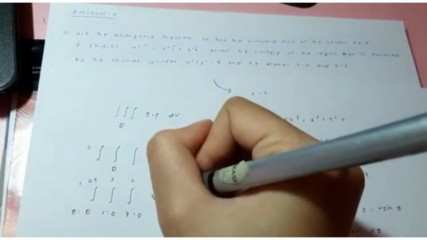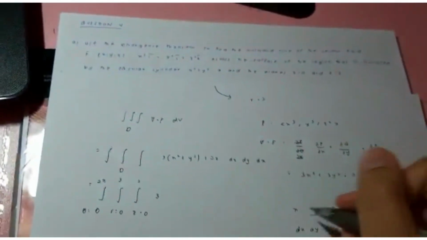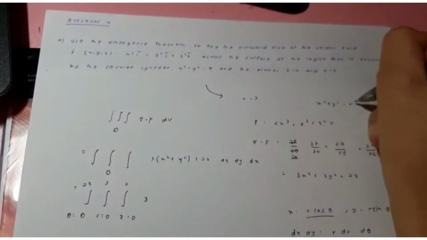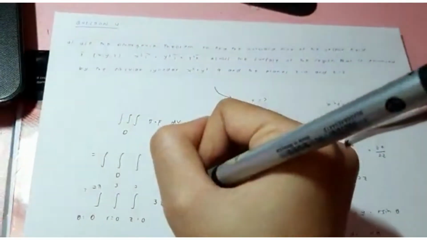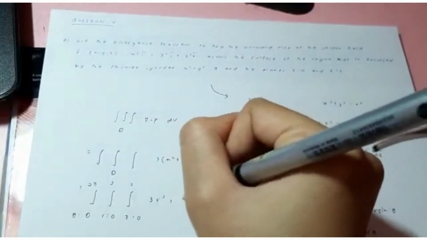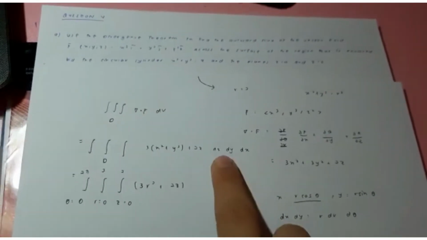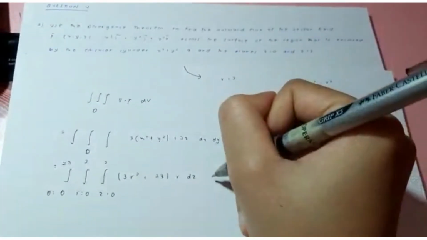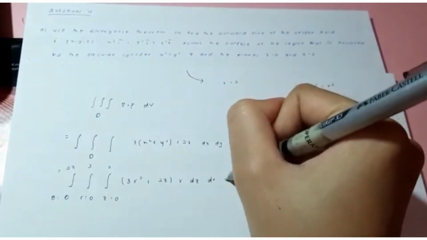So 3 times x squared plus y squared is equals to r squared. So we substitute 3r squared plus 2z. Since we have dx dy is r dr d theta, substitute into this one, so we will get r dz dr d theta.